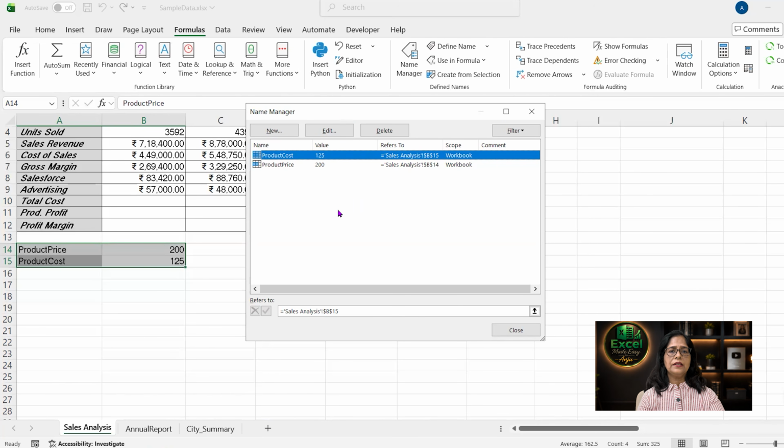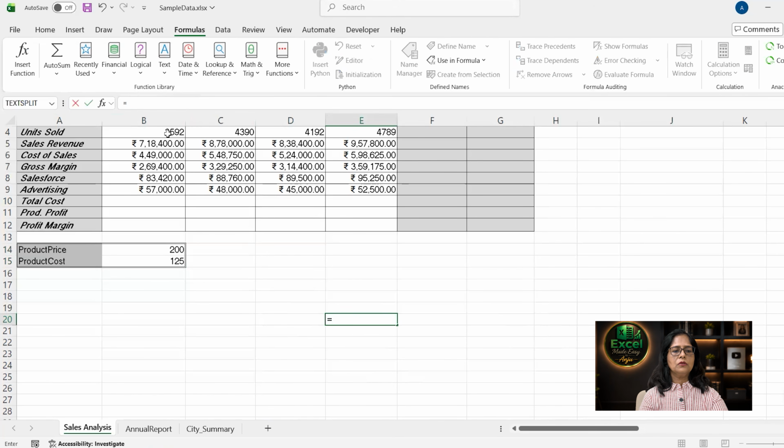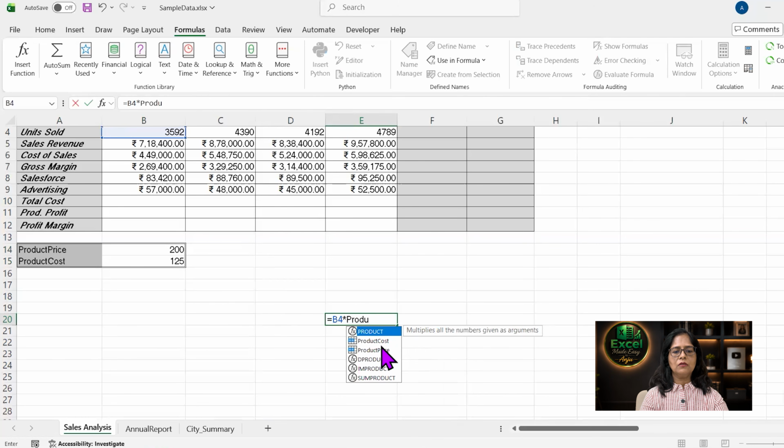What will be the advantage of using it? You don't have to remember the cell address every time. You can simply write product cost and product price for the formula. So I'll just show you one of the examples. Suppose somewhere I'm going to write a formula and I say units sold multiplied by product price, and product price and product cost are also coming here.